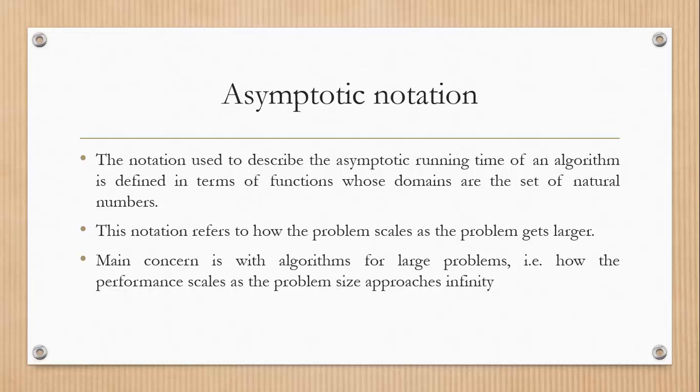In some cases, it is important to look at how fast the algorithm is for small amounts of input, particularly when the same task is being done over and over again. But our main focus is with algorithms for large problems, that is, how the performance scales as the problem size approaches infinity.